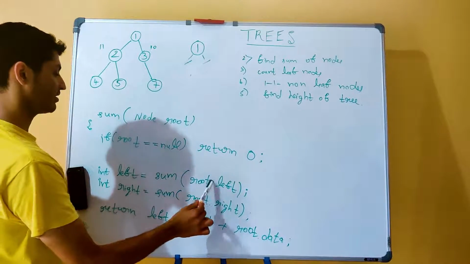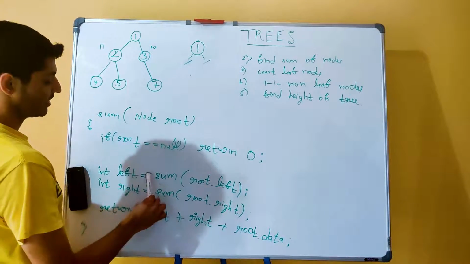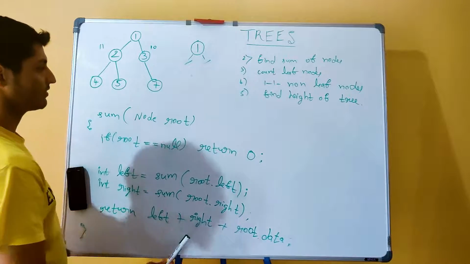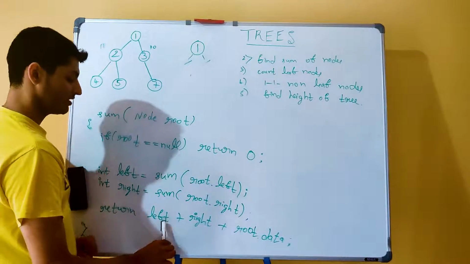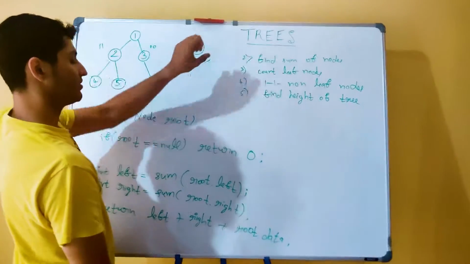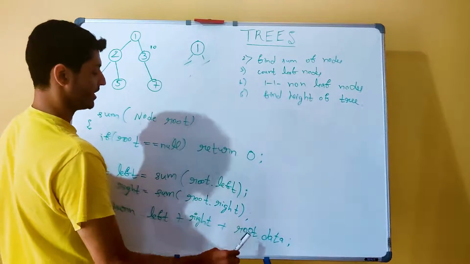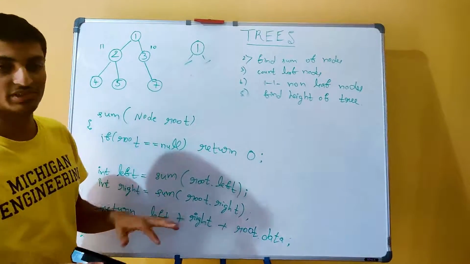So this call will return 0, this call will return 0. So left and right both are zeros. So what is the solution to my bigger problem? The solution is left subtree's and right subtree's sum plus the current node's data. Current node's data is 1. So 1 is returned.